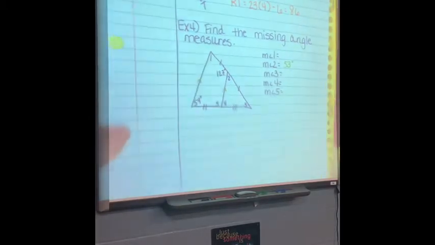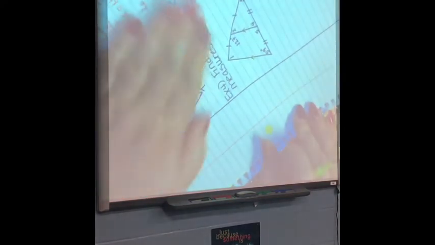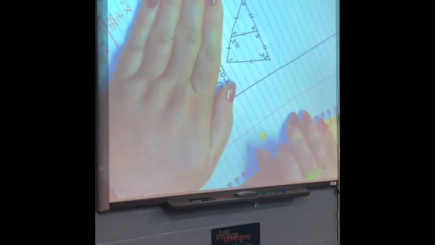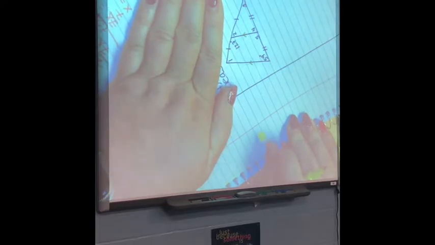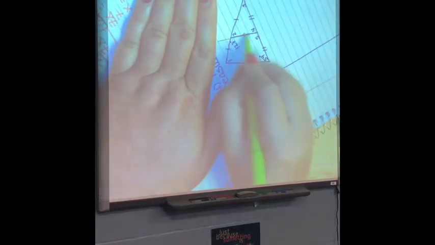Sometimes take your whole notebook, pick it up, and turn it to where your parallel lines are facing you. Now can you see some things? These are your parallel lines.